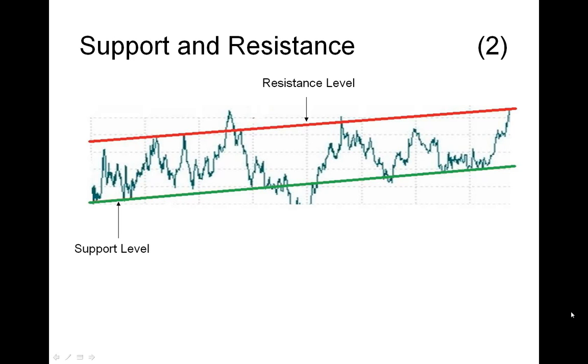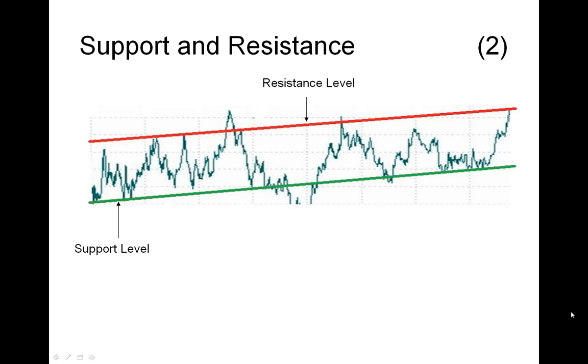We also see a red line towards the top, which represents the resistance level. And every time we see an increase, but that increase is below the resistance level, we can consider that to be normal fluctuation. However, every time we cross that resistance level, and that seems to be only in one case, about 40% of the graph starting from the left-hand side, that's when something strange is going on.